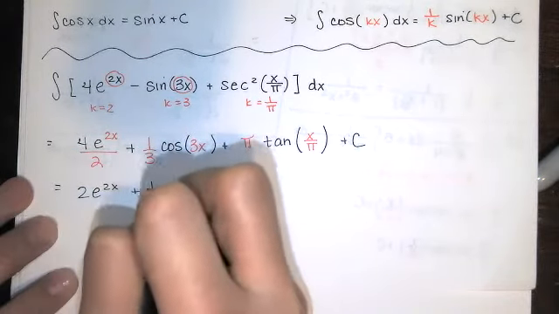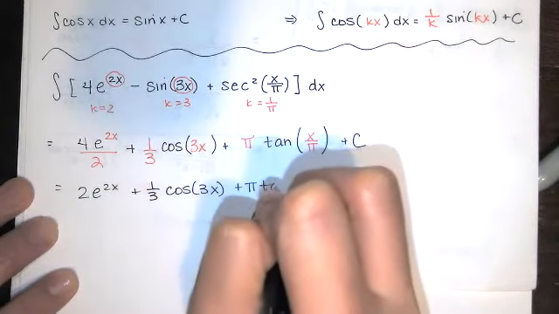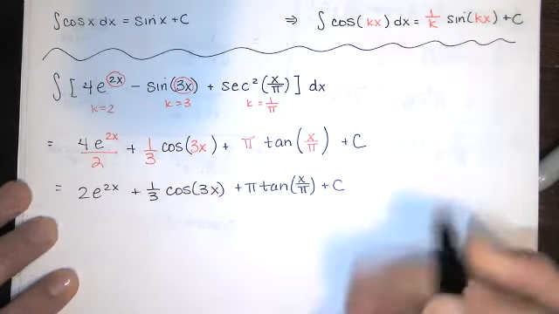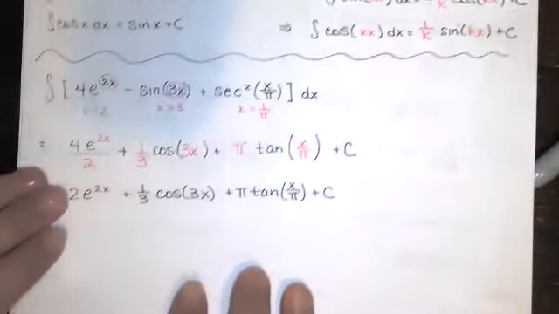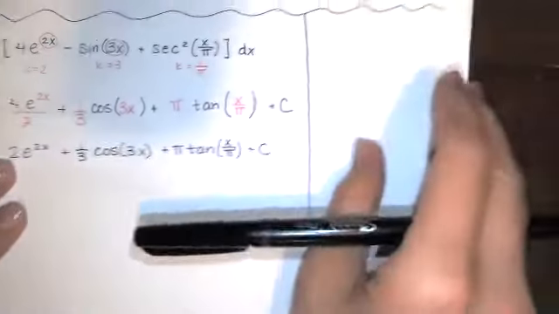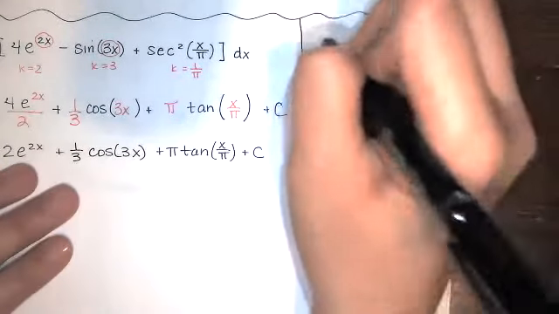Now, I just alluded to the fact that this is a shortcut for u-substitution. So let's just prove it for a particular function. We looked at the sine and cosine substitutions. Let's do it for a different one. We just did secant squared. How about secant times tangent?